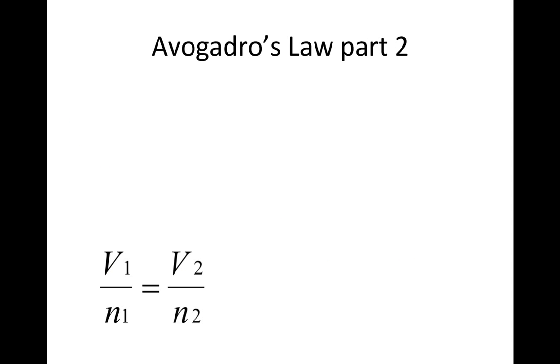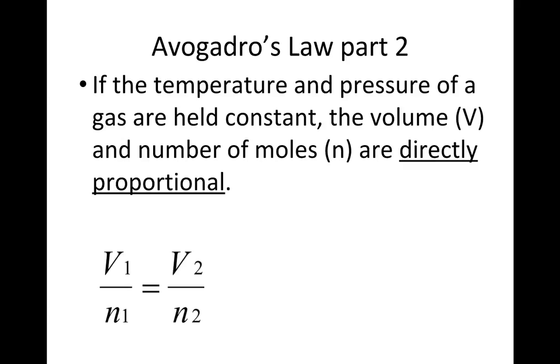Now, continuing on with Avogadro's law, he wanted to see if there was a relationship between the number of moles and the volume if you have changes in either volume or moles. So what he came up with was that if the temperature and the pressure of the gas are held constant, the volume, or V, and the number of moles, which we represent with n, are directly proportional.